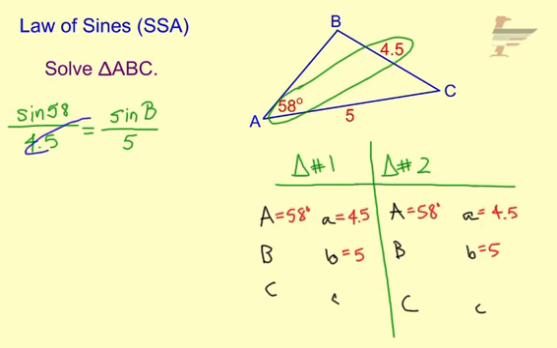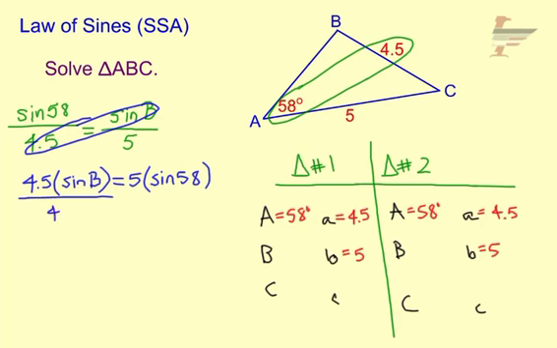So 4.5 times sine of angle B equals 5 times sine of 58. We want to solve for angle B, so we're going to divide both sides by 4.5. And from here we take our calculators to see what sine of angle B is.